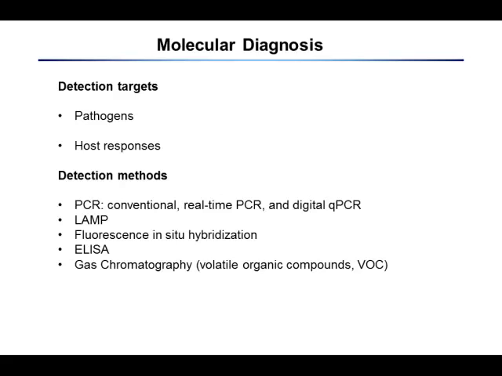Digital PCR is different: in principle it is the same as PCR, but it partitions individual molecules into separate droplets, so each single molecule is amplified separately. In that sense, digital PCR is an absolute quantitation method, in contrast to real-time PCR, which is relative quantitation. So digital PCR is more accurate in determining target copy number.